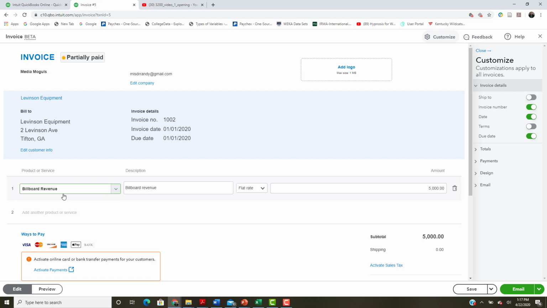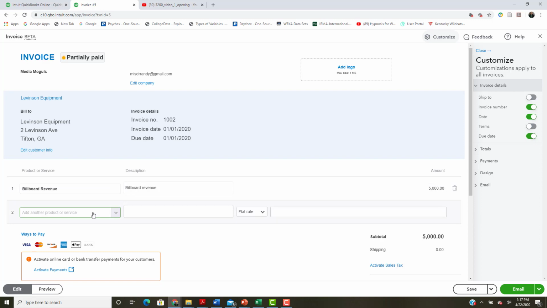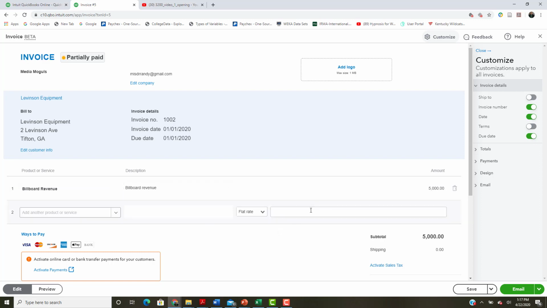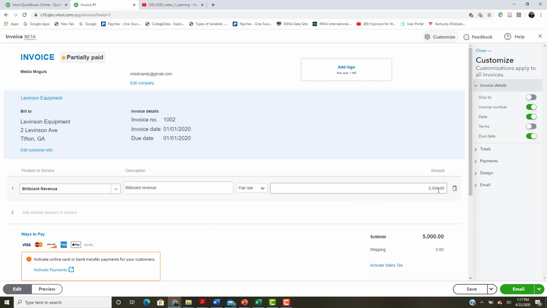I'm not that terribly concerned about that, but I do want to make sure that you have the print revenue and the billboard revenue, and I think there's one other one, and some media revenue probably or something like that. It's three or four of them anyway. And so I created this and called the description billboard revenue and charged them $5,000. And then I saved that.